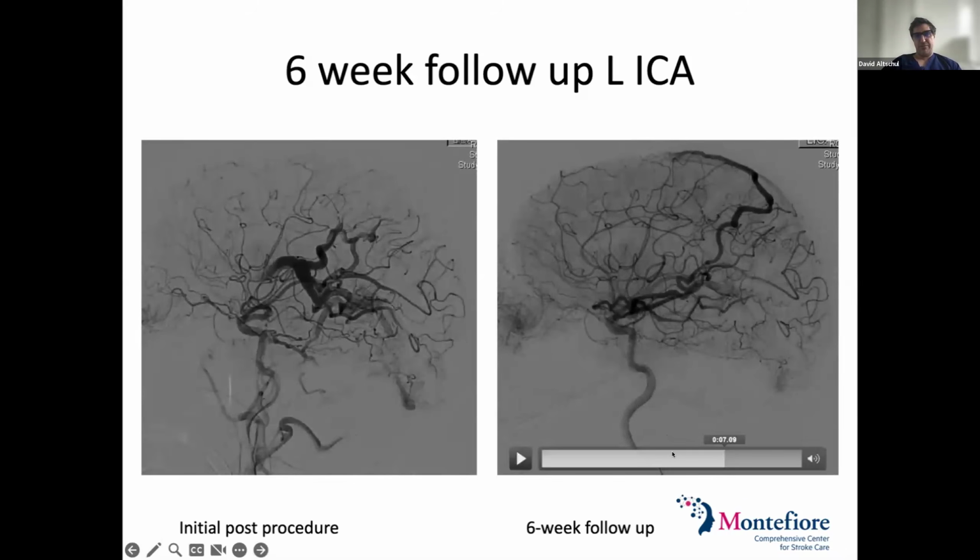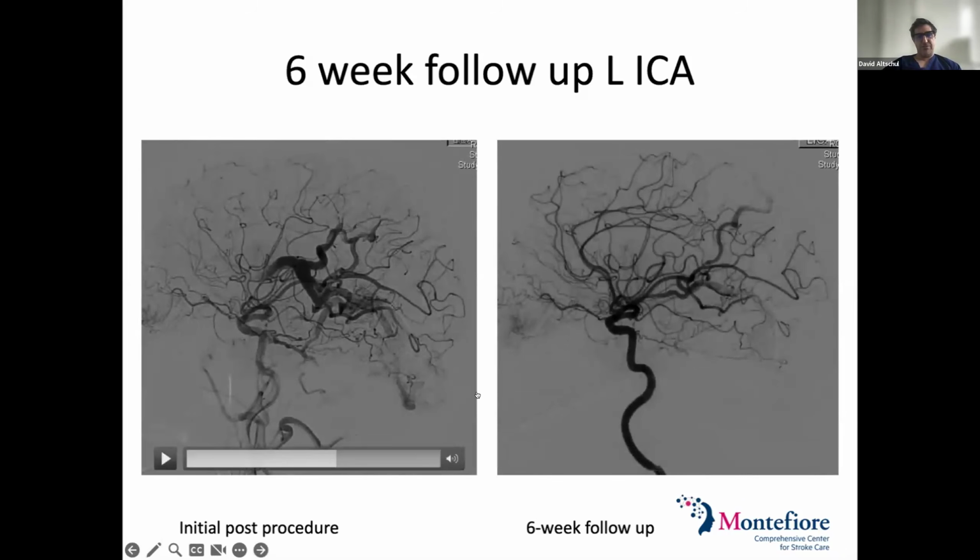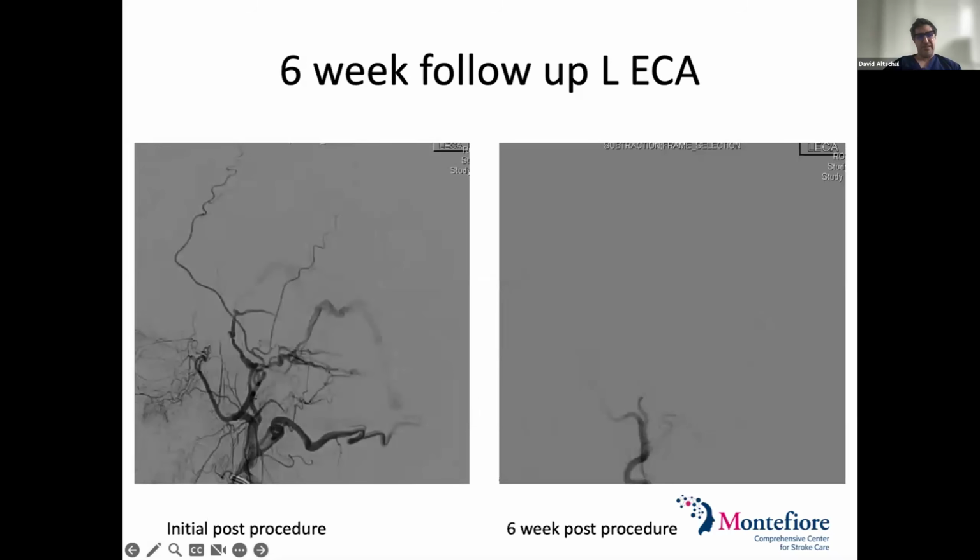The major supply now was coming from this pial component, draining up into this cortical vein, and that deep component was actually going away. And then this is the ECA run.